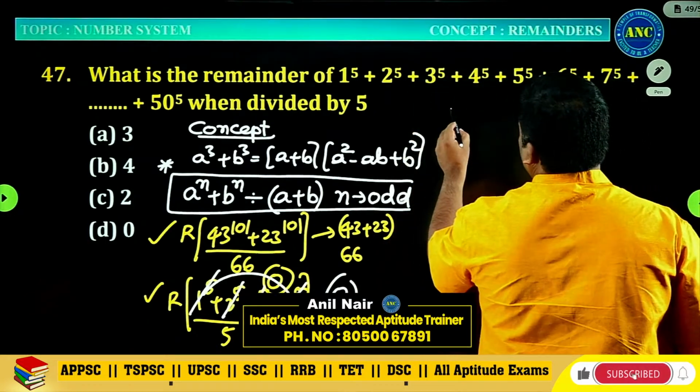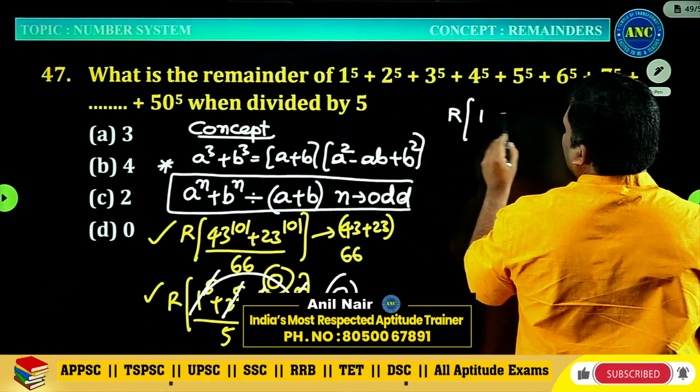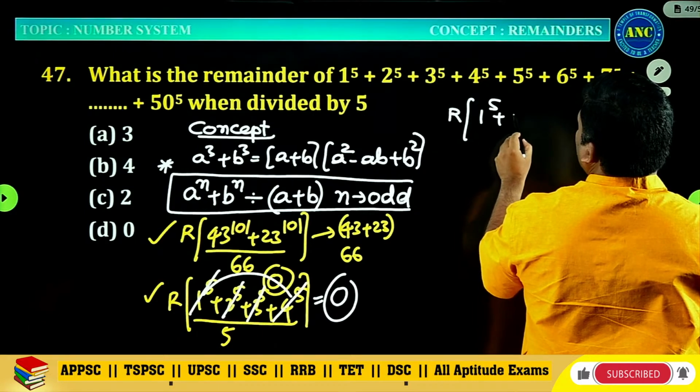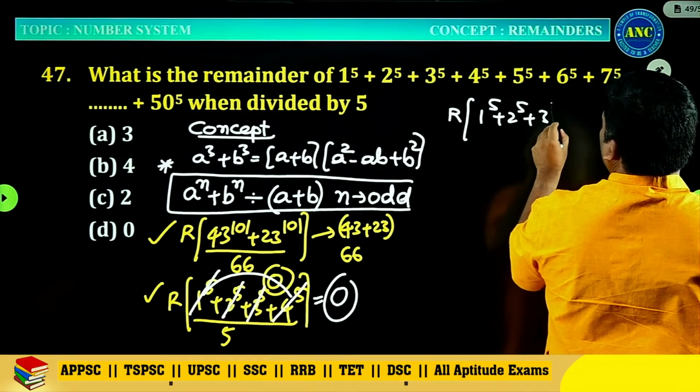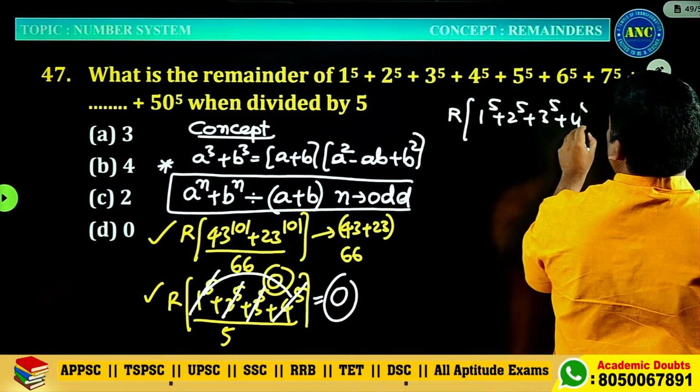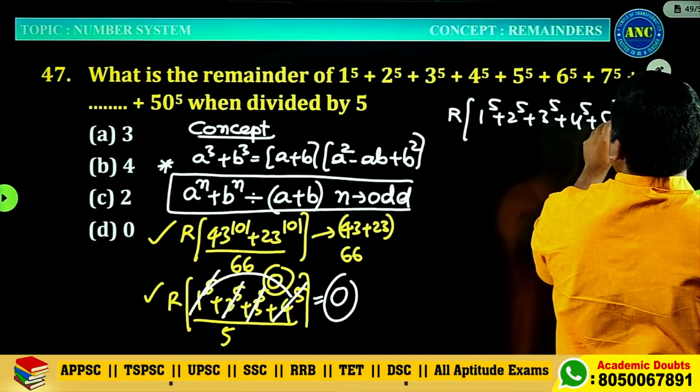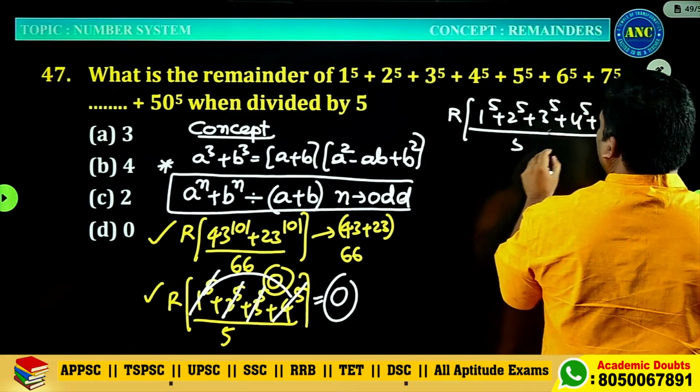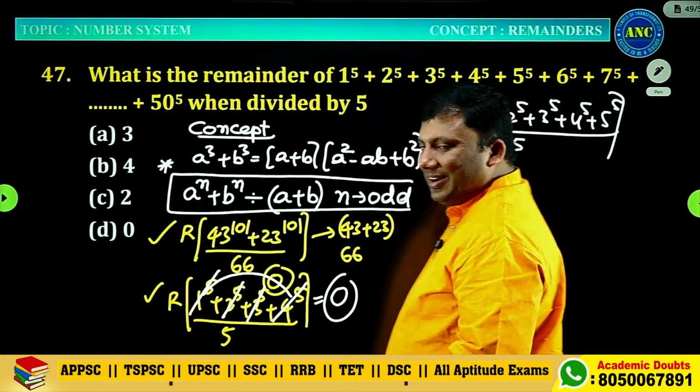Now if you see 1^5 plus 2^5 plus 3^5 plus 4^5 plus 5^5 divided by 5, with 5 terms, listen carefully.